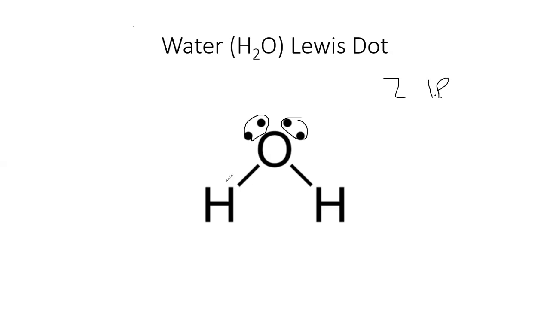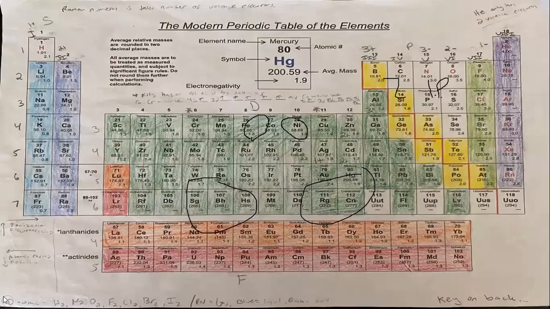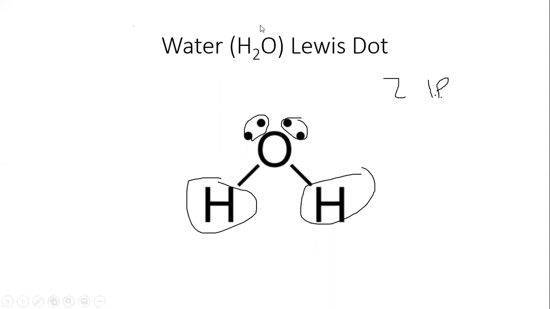And you have 2 things bonded. But that's not the whole story, because you also have 2 lone pairs, so you have to add that in. So now you have a total of 4, but you still have to account for the 2 lone pairs.